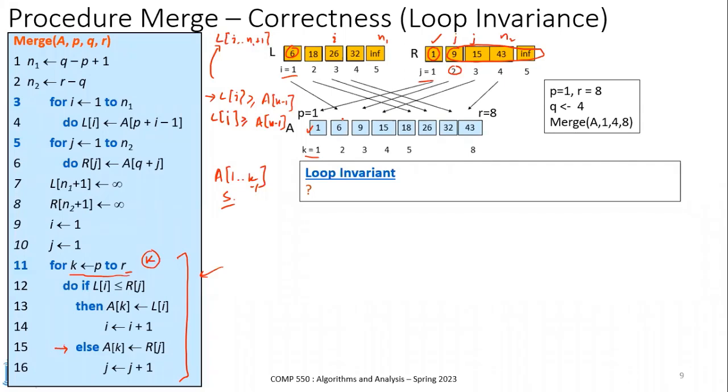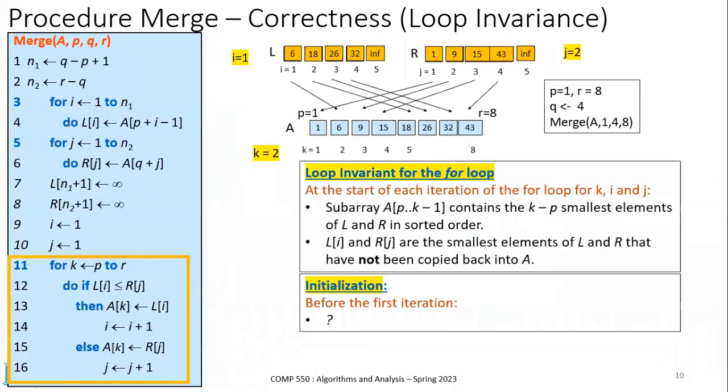Anyway, let's take a look at the actual loop invariant. It's pretty much in line with what Jane is suggesting, a combination of what Jane and David suggested: the subarray A P through K minus 1. P is the starting point, R is the ending point of the array.